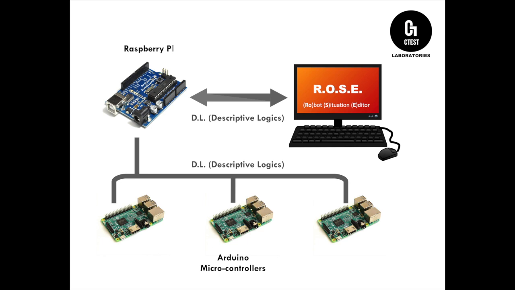In a very formal sense, this is what the robot subsystems look like. You have the situation editor, you have the Raspberry Pi, kind of the main controller, and then you have Arduino microcontrollers that typically are going to be controlling the sensor set, that is the collection of sensors, the actuators, the motors, those kinds of things. And so that's what's going on there.